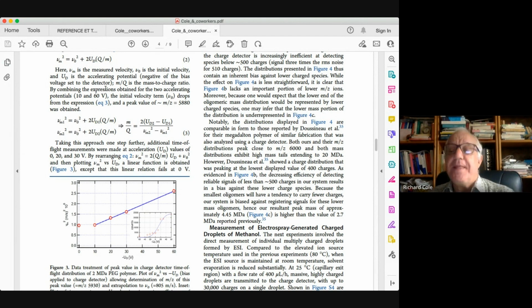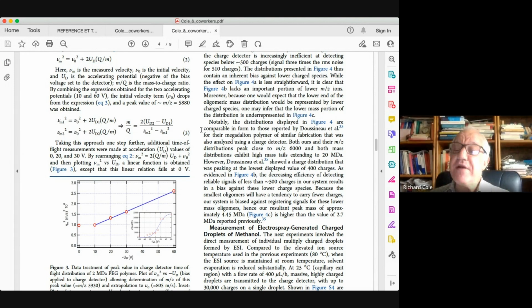But fortunately, there's a little mathematical trick whereby you do 2 measurements at different accelerating voltages. Here we have 1 accelerating voltage, D1. We repeat the experiment with the same sample at a different accelerating voltage, D2, then we can rearrange these equations to solve for mass to charge.